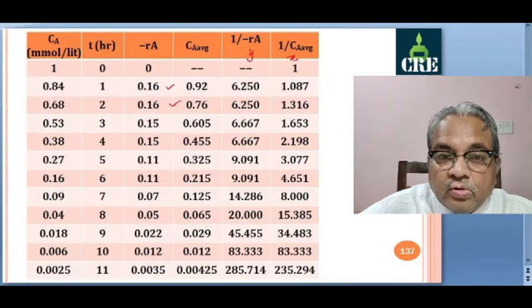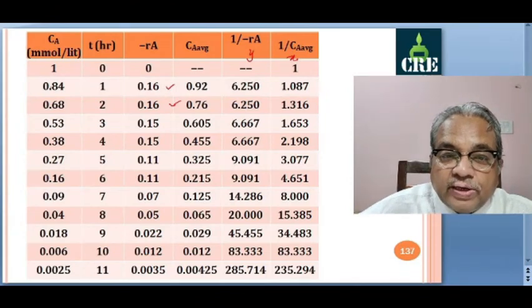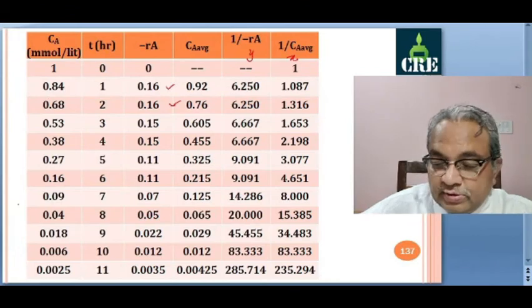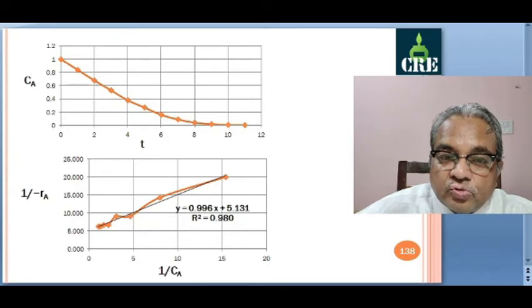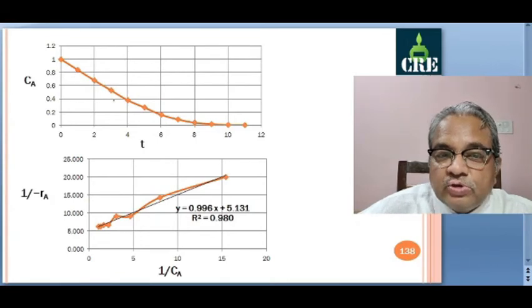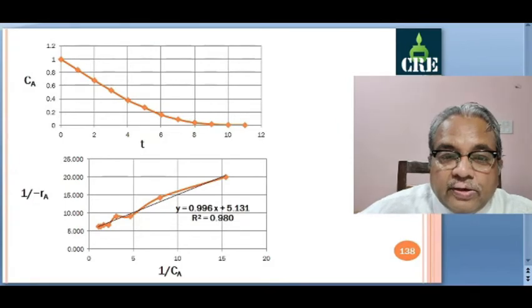If you make this plot, so Ca versus T, this can be plotted, and at each point we have found out these slopes by taking all consecutive points, or you can select a few points so that it should cover the complete nature of the curve, and draw the tangents at those points, and 5-6 points will be sufficient of minus Ra versus Ca, and then you can make a plot.